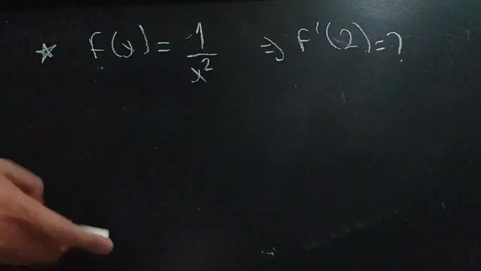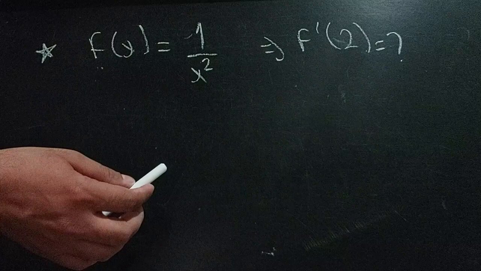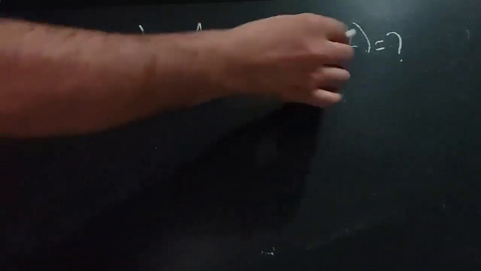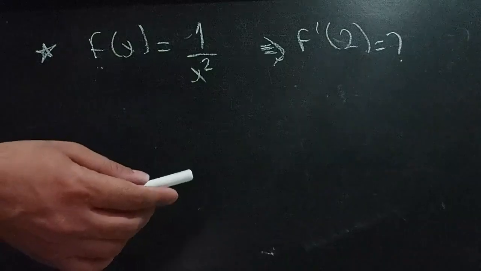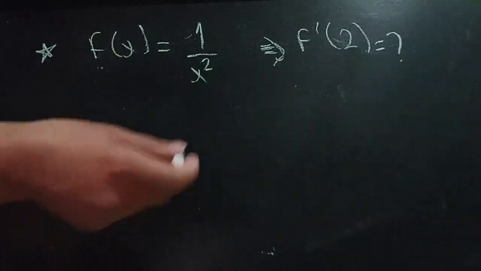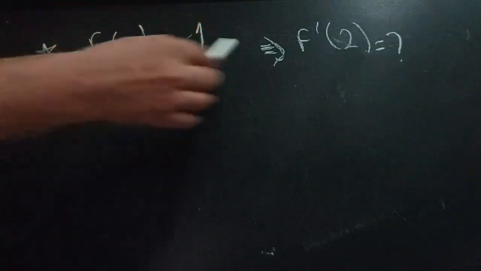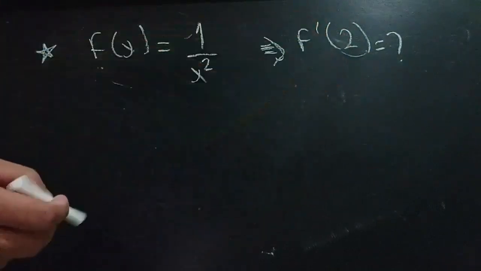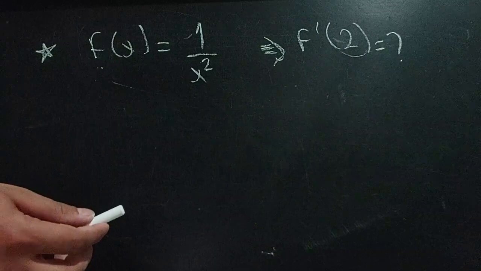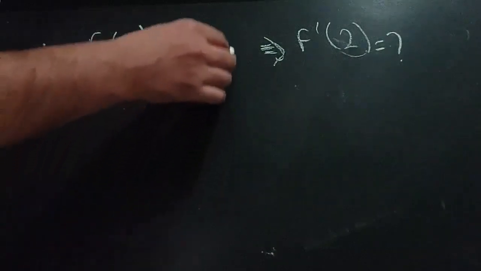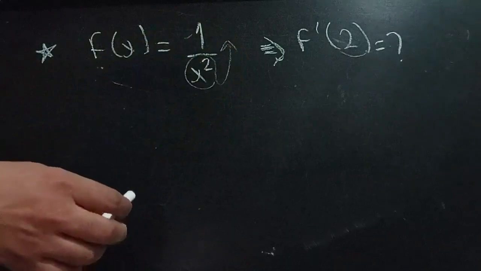Alright, my next question is f(x) equals 1 over x squared. So, what is the derivative at 2? That means we are going to find the derivative of this function, then put 2 instead of x. To find the derivative of this function, you should bring this one to the top from the denominator.